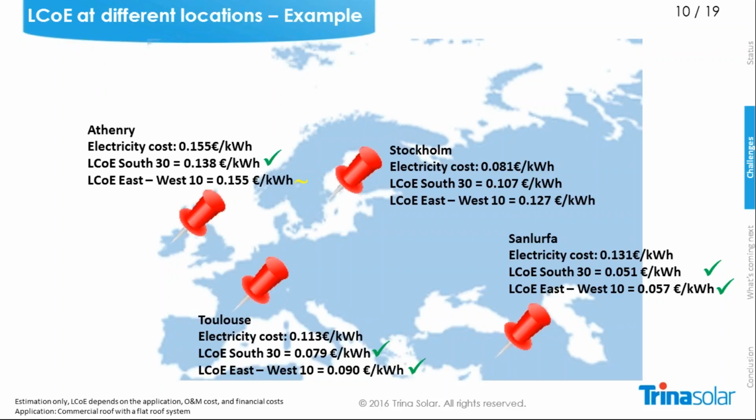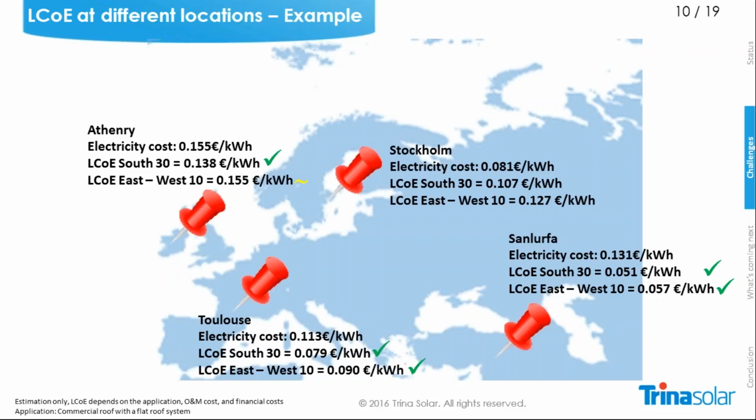So for industrial there is still some space to go, but the future and the upcoming technologies will show the direction, and as we also see the price decrease, we will achieve it in a few years. If we go now to Sanliurfa in Turkey, there we are far below the electricity cost for industrial electricity.